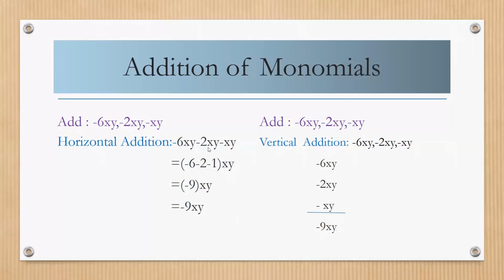Here xy is taken out common. xy is common in all the terms, so I have written xy over here and I just have to add these coefficients, but there is a minus sign between them, so minus plus minus will remain minus. So minus 6 minus 2 and minus 1, we get minus 9. Minus 6 and minus 2 is minus 8, minus 8 minus 1 is minus 9, we get minus 9xy as an answer.